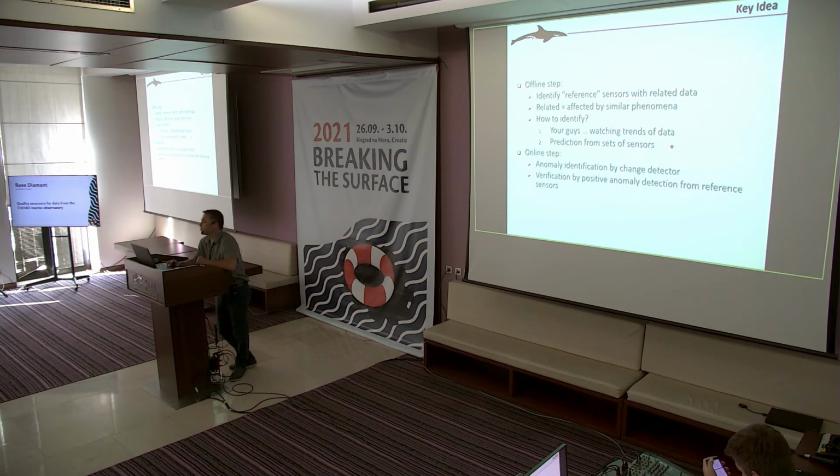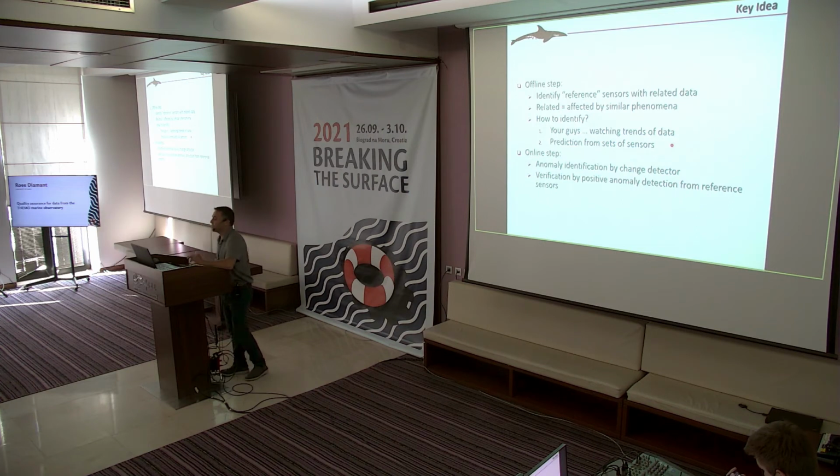We can watch trends of the data, or we can do machine learning prediction to find relations between the sensors. That's what we did. We first spoke to some experts and put together a list of sensors that may have some relation, and then we checked if they are indeed related.